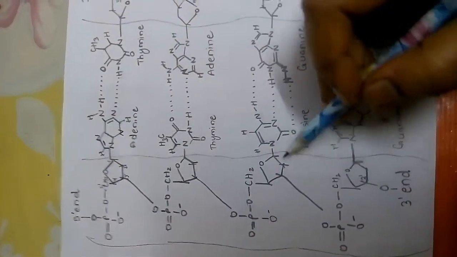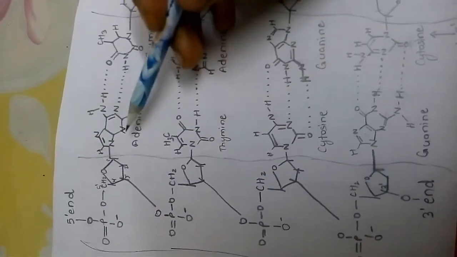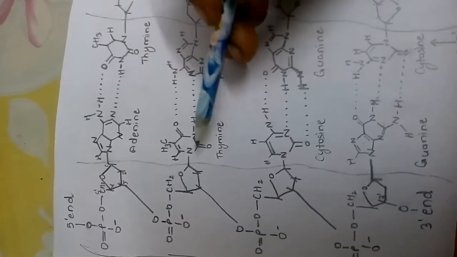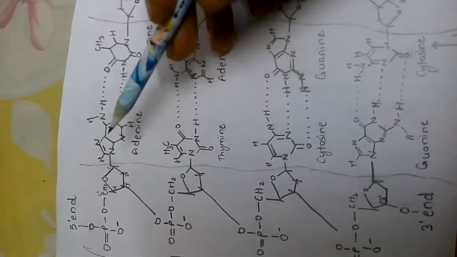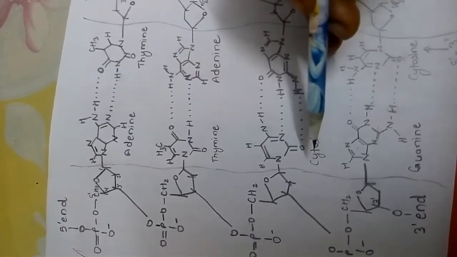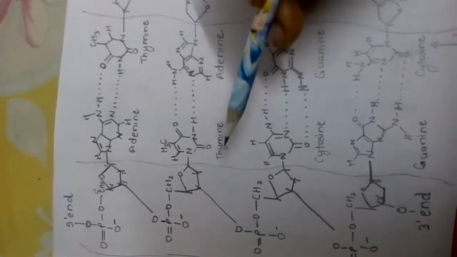Now let's see what is a codon. A triplet of the consecutive bases, that is adenine, thymine and cytosine, here form a codon, and one codon is responsible for one amino acid.